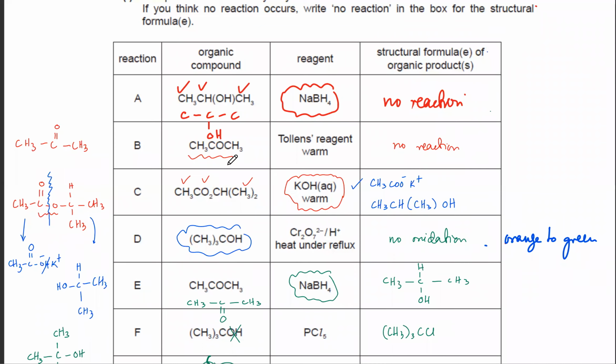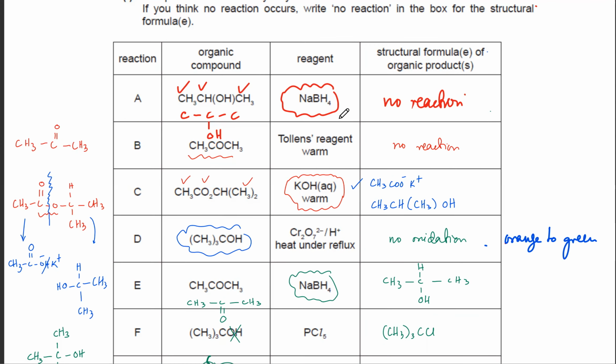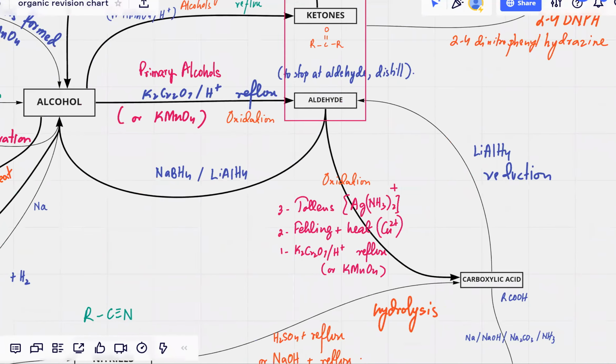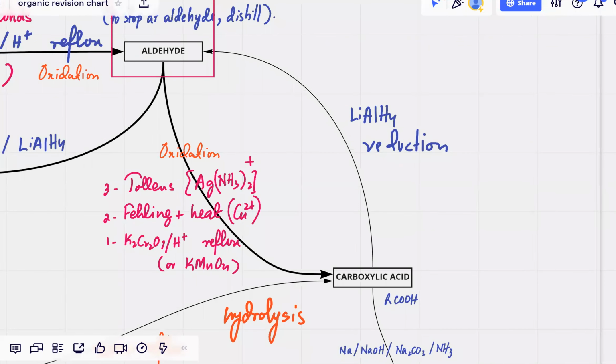As a Tollens reagent, there's going to be a color change. Remember Tollens reagent, I'm not sure if this is written over here, but Tollens reagent gives you a black precipitate or silver mirror. So a black precipitate would be formed, and silver mirror would be, I think I should add this over here. Let me just write this for Tollens reagent.